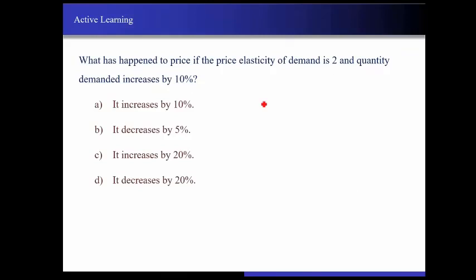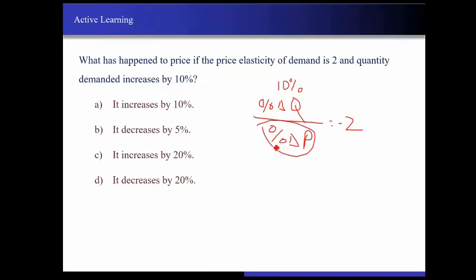Let me give you a hint. The general formula is the percentage change in Q over the percentage change in the price is equal to the elasticity of demand. Here we're told that it's negative 2, and that this is 10%, and we're asked what this is. So we can figure that out.